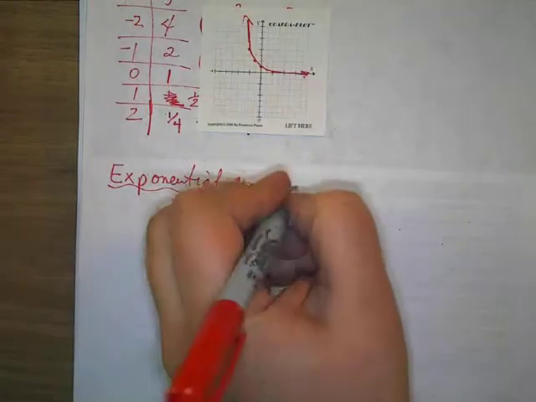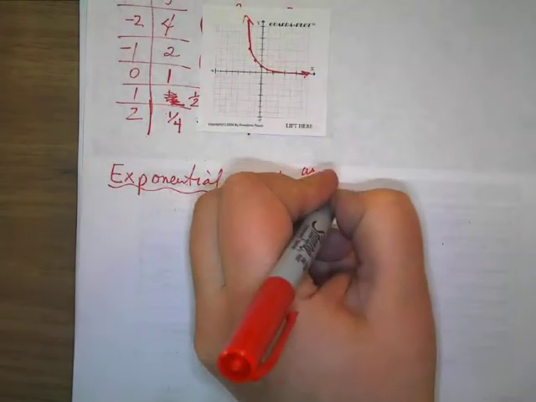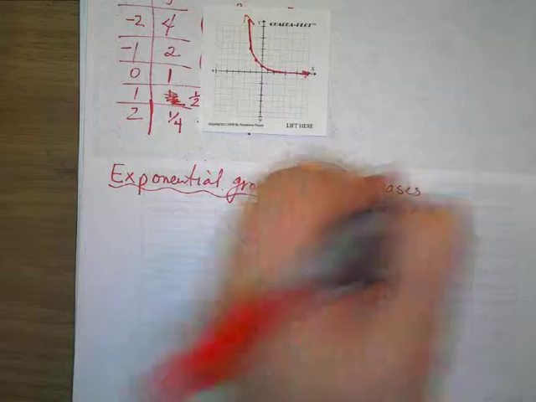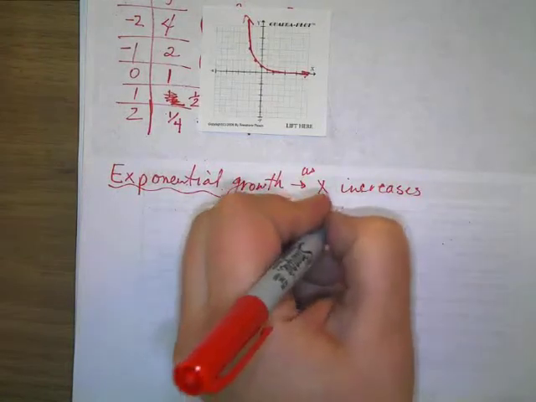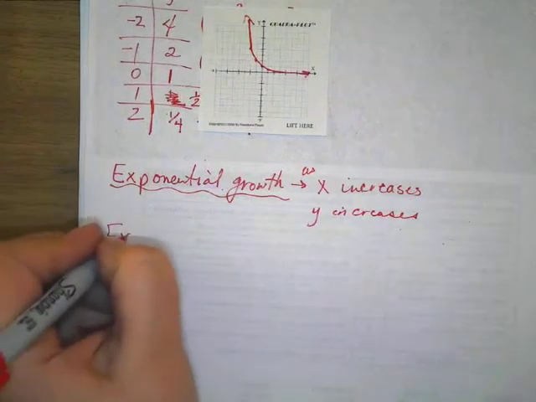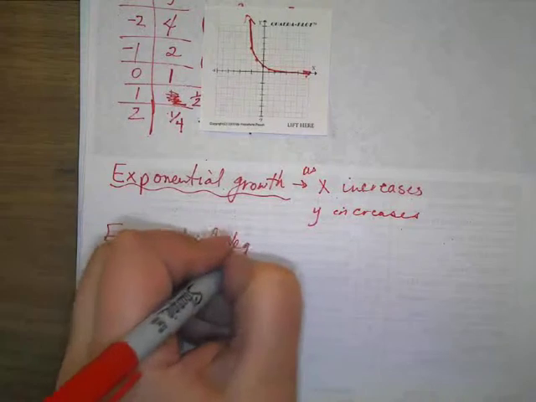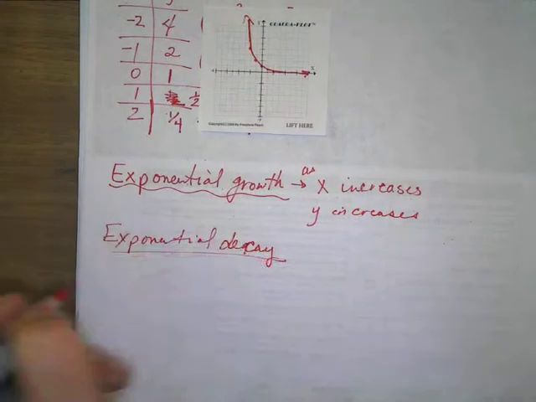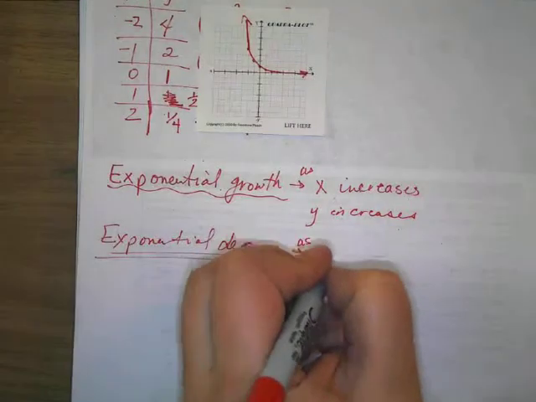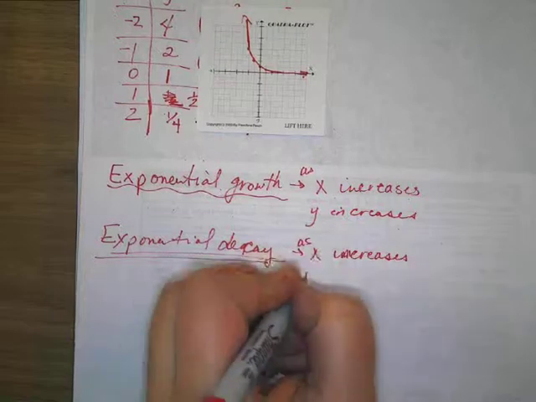If you know it's a growth, as x increases, y increases. That means it's a growth. Exponential decay would be as x increases, what happens to y? Y decreases.